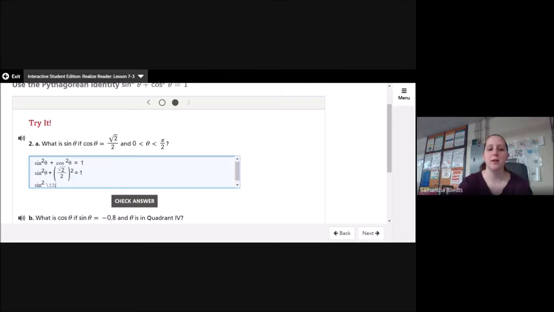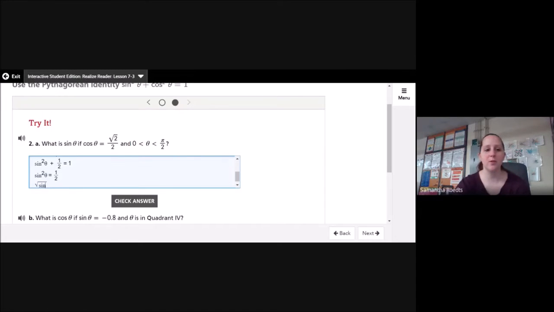So sine squared theta plus 2 over 4, which is 1/2, equals 1. I subtract 1/2 from both sides, so I get sine squared theta equals 1/2.